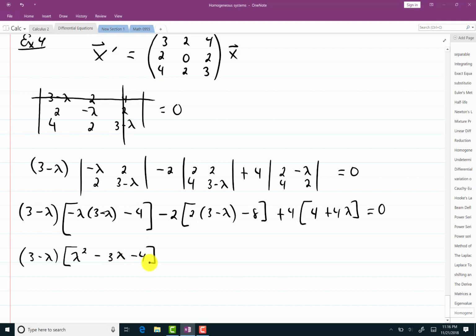For the second piece, I'll get 6 minus 2 lambda minus 8, which is negative 2 lambda minus 2. Here, what I'm going to do is factor a 4 out of this.